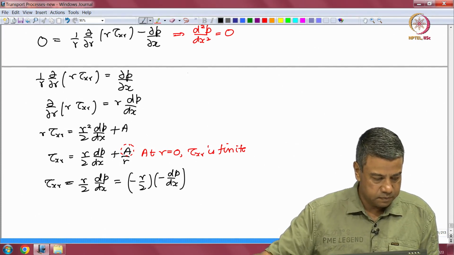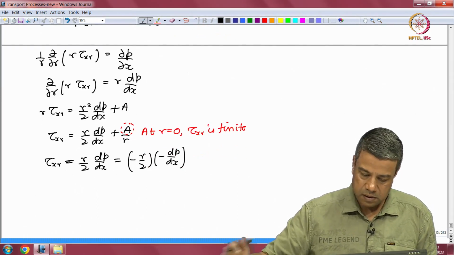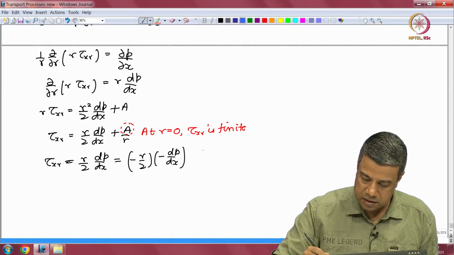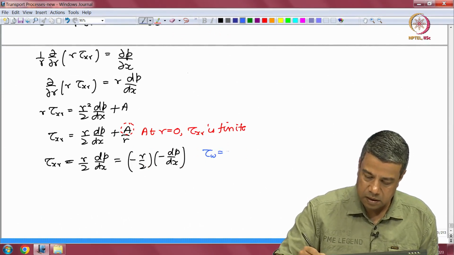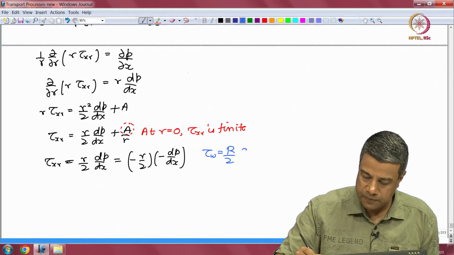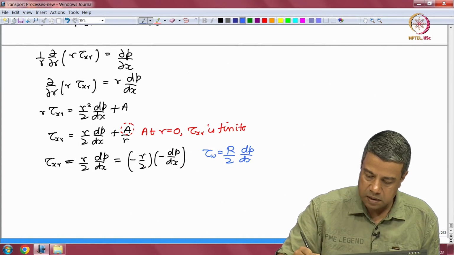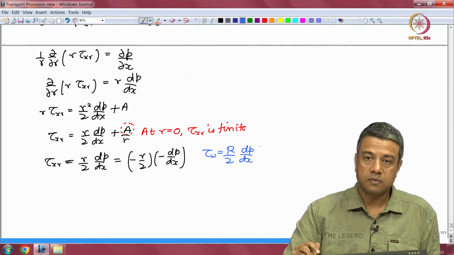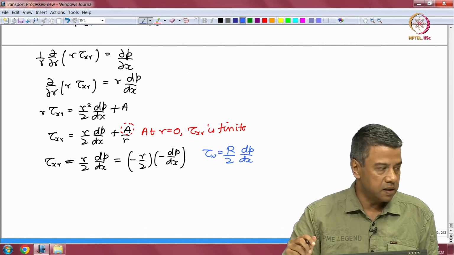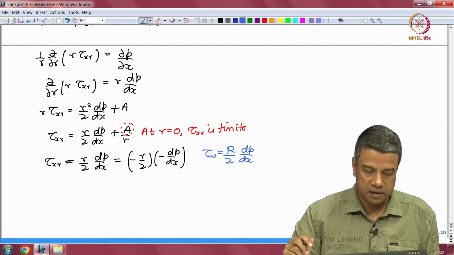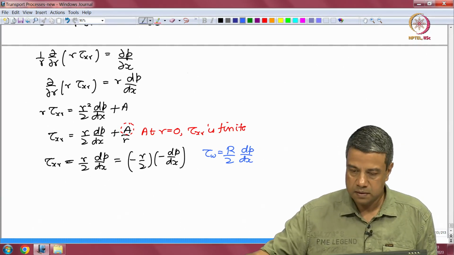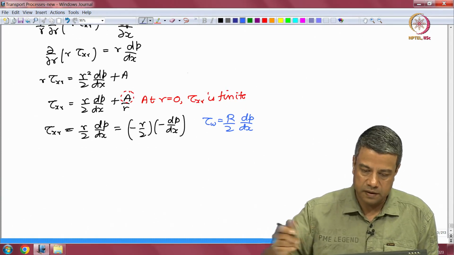And the wall shear stress is the value of r by 2 dp by dx at r is equal to capital R. That is the wall shear stress, which we will need later for the friction factor correlation.